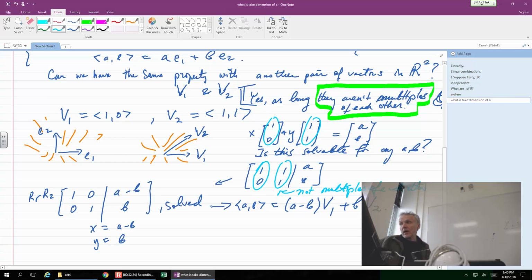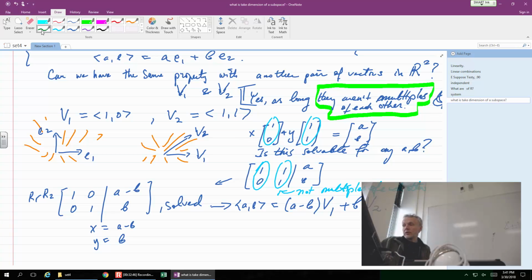So based on that idea, I could come up with examples of vectors v1, v2 that work out easily, because I already know the answer. As long as these two columns are not multiples of each other, the solution will work out, as we just demonstrated.